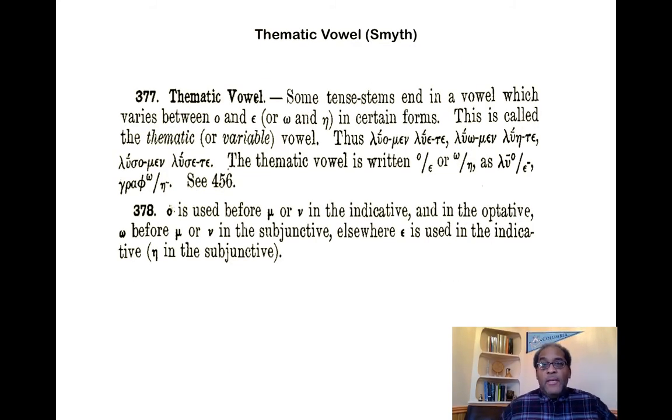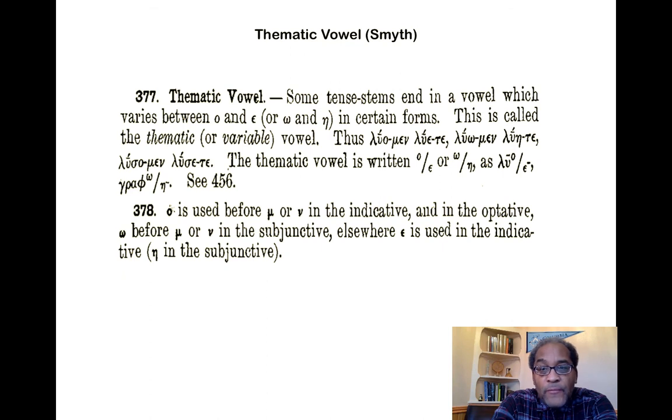So, again, this is Smyth talking about the thematic vowel. Some tenses end in a vowel which varies between omicron and epsilon, or omega and eta in certain forms, like the subjunctive forms. This is called the thematic or variable vowel. Thus, λύομεν, λύετε, λύωμεν, λύητε, λύσομεν, λύσετε.